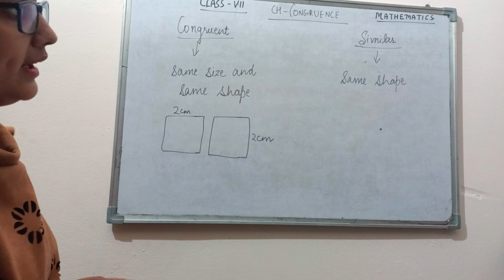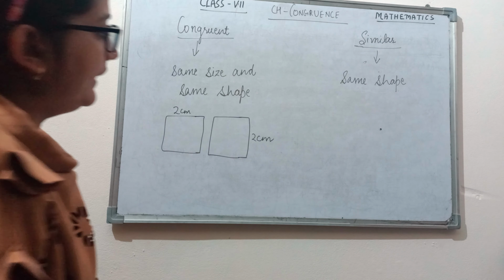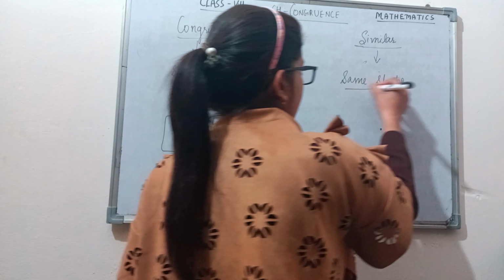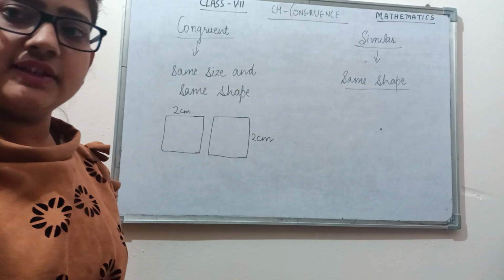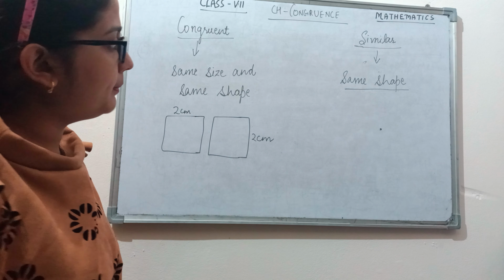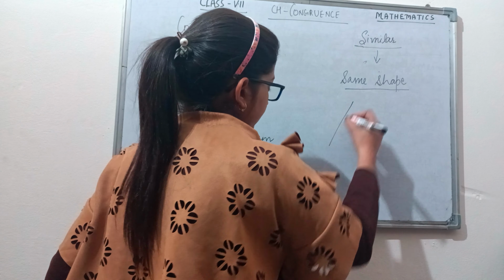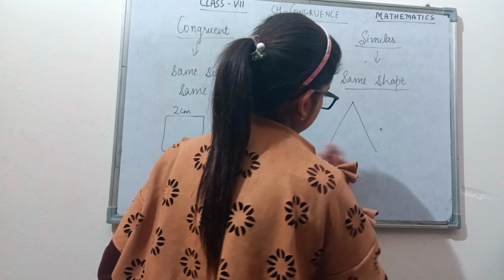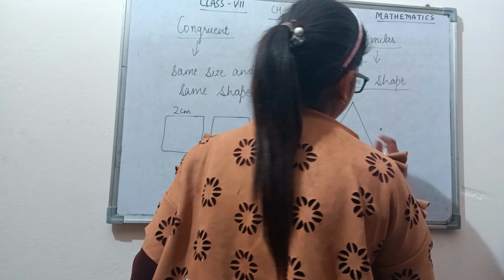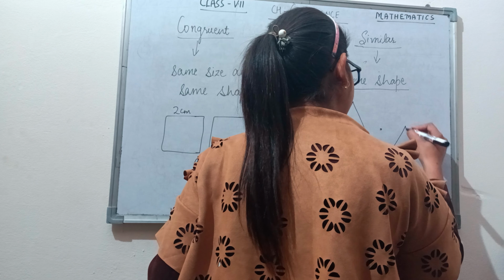Now what is similarity? Similarity means the figures which have the same shape. They can have different size, but the shape is the same. For example, this is a triangle and this is also a triangle.